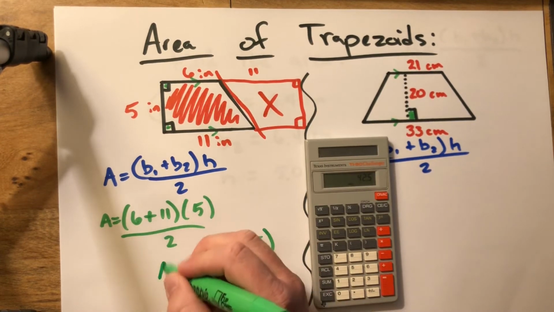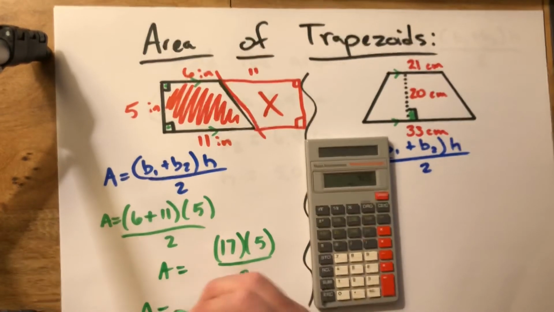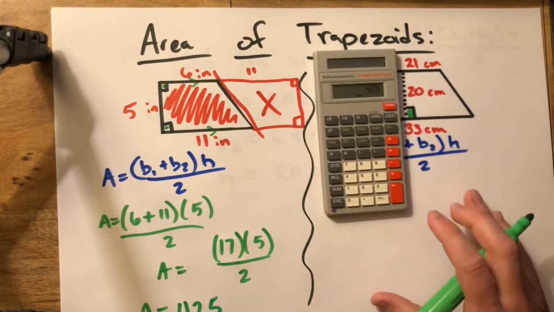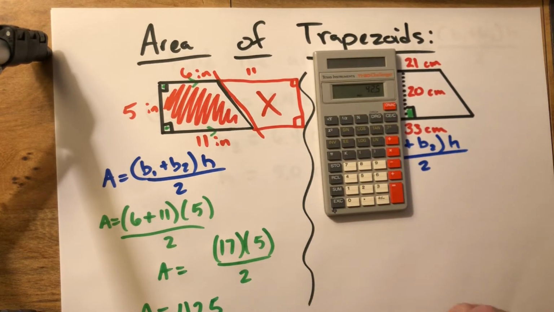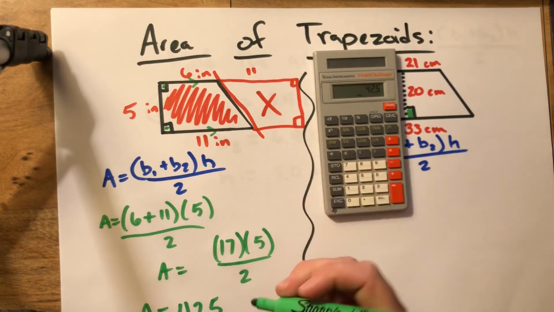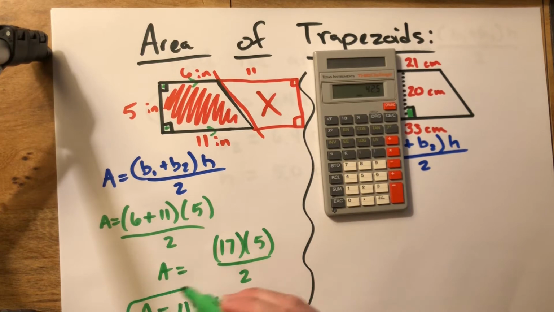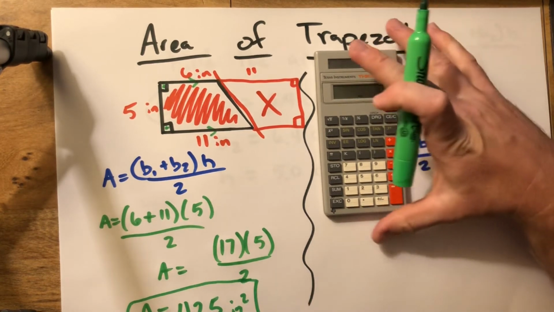So area equals 42.5. Keeping in mind the units as well, since we're finding area, it's going to be square units. I have inches here, so inches squared or square inches, either one. That's finding area of a trapezoid.